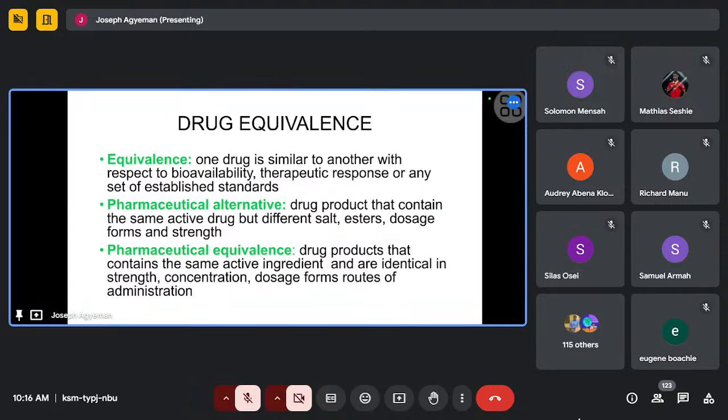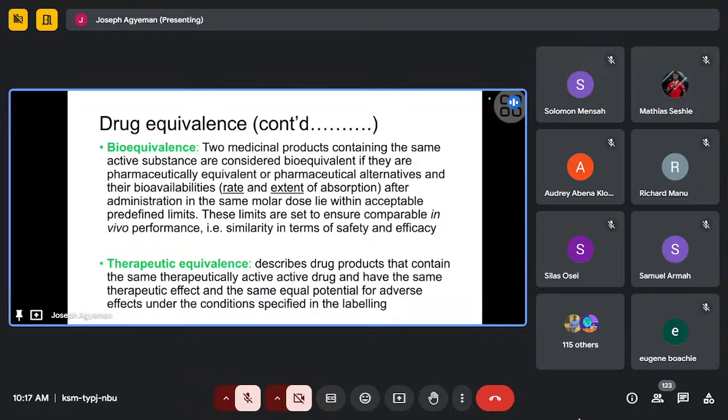Or they are pharmaceutical alternatives. Alternatives means two brands containing same active ingredients, but different dosage forms, different esters, different salts, and what have you. So it doesn't matter. The two drugs could be pharmaceutically equivalent or pharmaceutical alternatives.